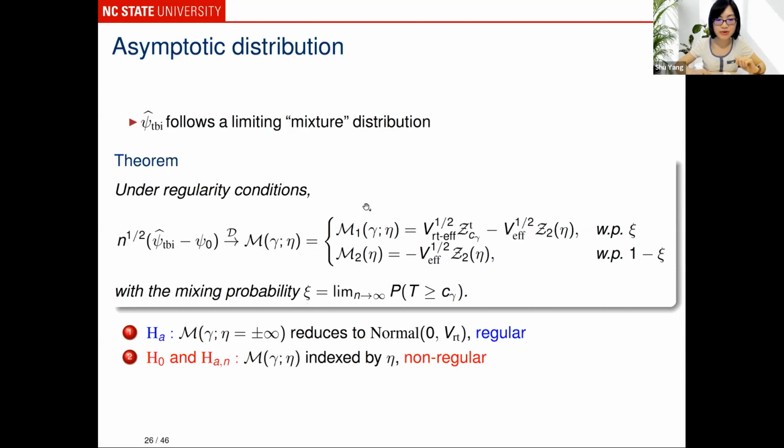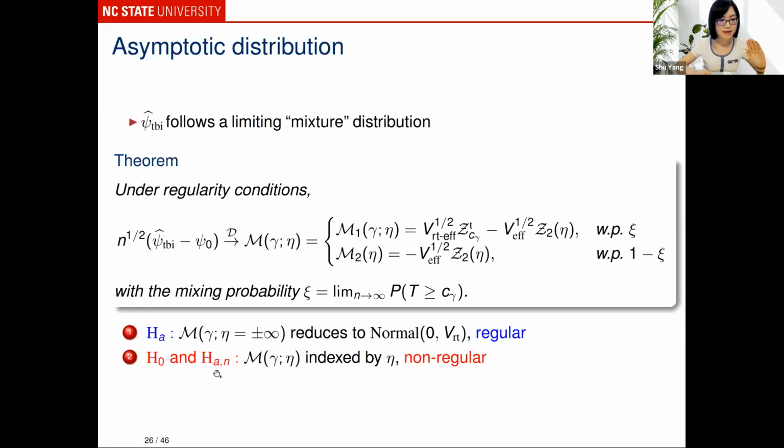This is a general result, and we can discuss two special scenarios because in these two scenarios the asymptotic behaviors are very different. For example, in scenario 1, we have a fixed alternative. Then the mixture distribution goes to a normal distribution. In this case, the TBI estimator has a regular behavior.